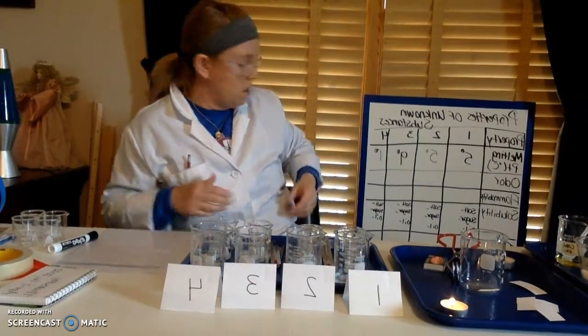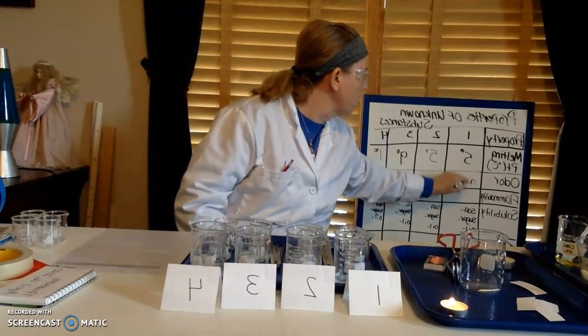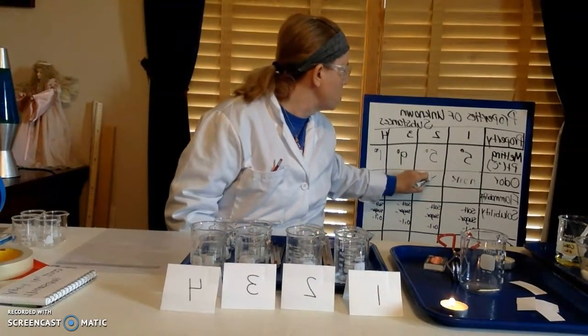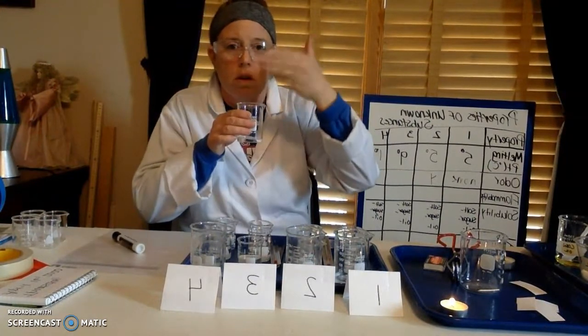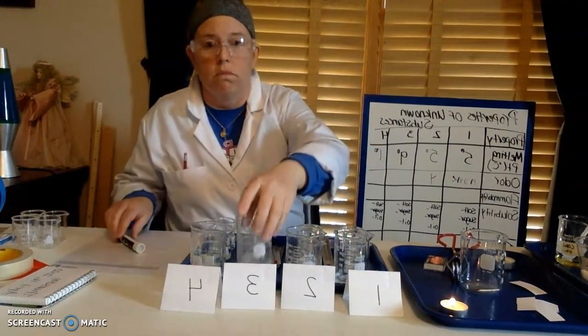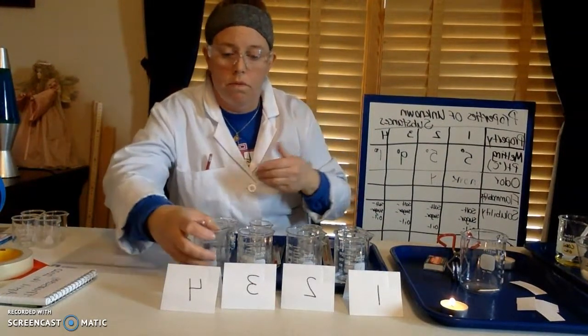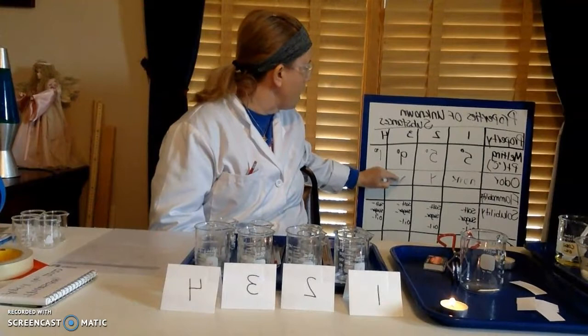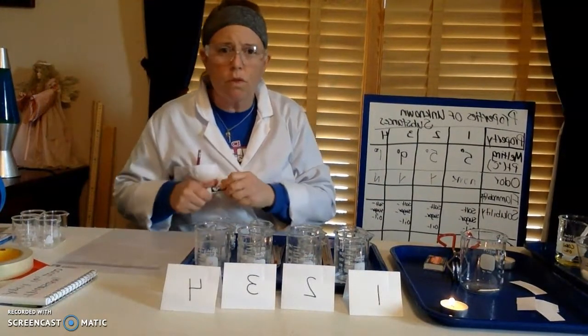So I'm just going to put yes and no. So number 1 is none. Number 2, yes. 3, yes. 4, no. So again, yes for number 2 and number 3, and no or none for number 4.